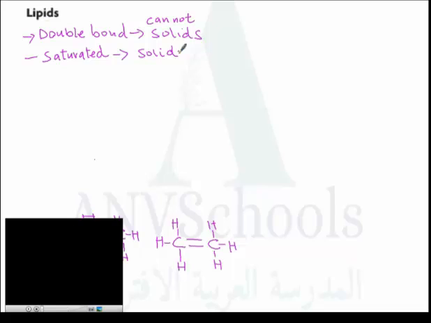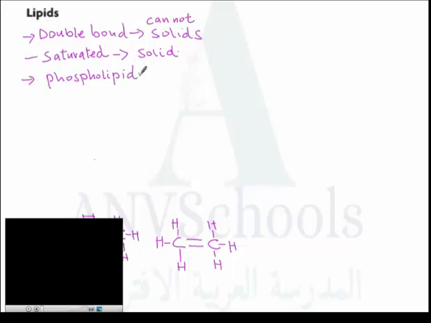The cell membrane is mostly made of a type of lipid called a phospholipid. So phospholipid, unlike the first that we looked at, is somewhat different.